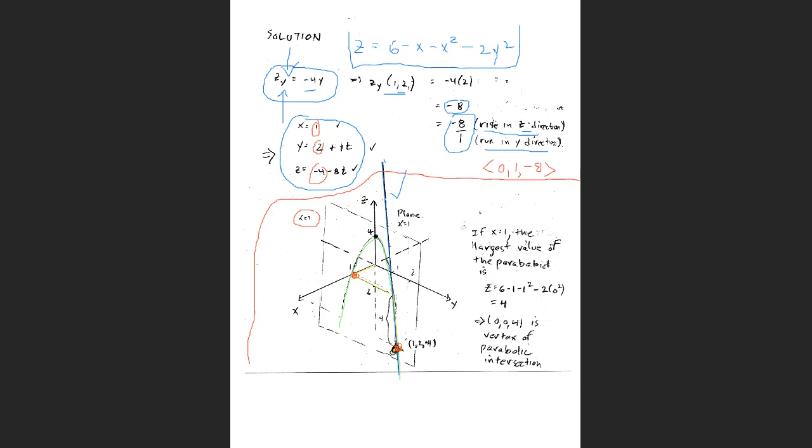That vector is 0, 1, -8, and it is pointing in the same direction as the tangent line.